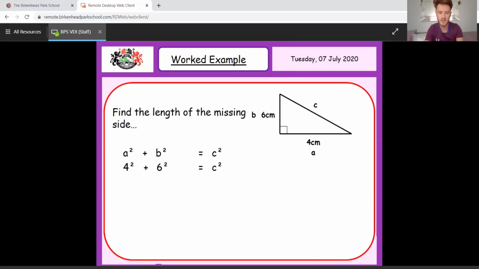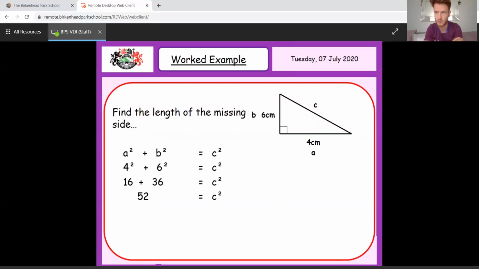Now A is 4, B is 6, so 4 squared plus 6 squared equals c squared. 4 squared is 16, 6 squared is 36, which gives us 52. So 52 equals c squared, but we don't want c squared, I only want c.